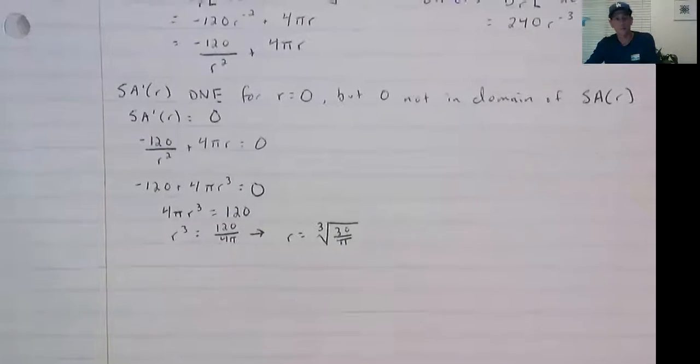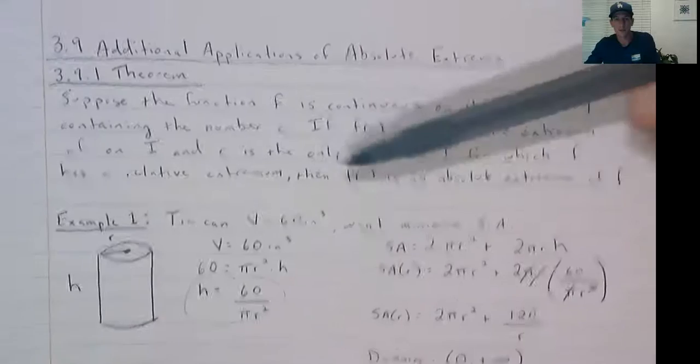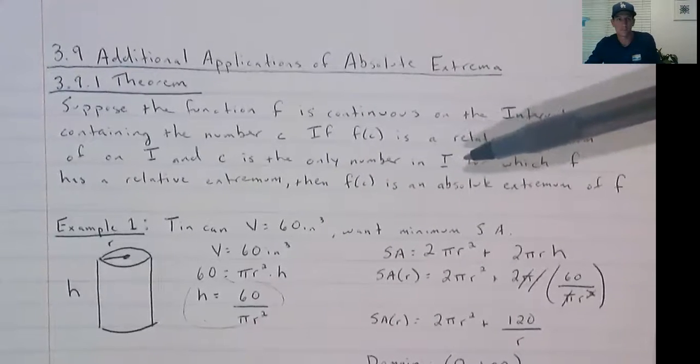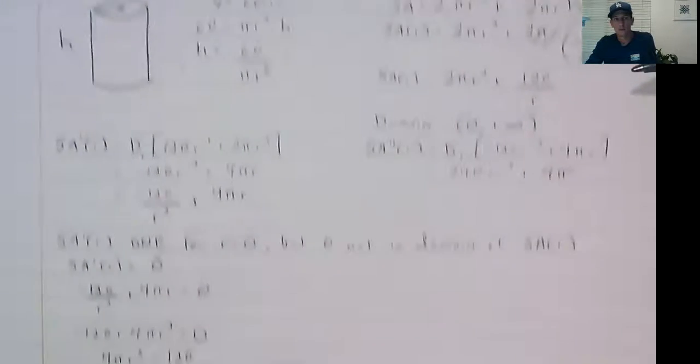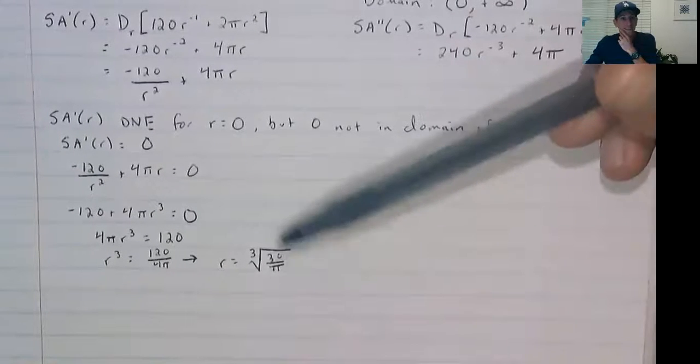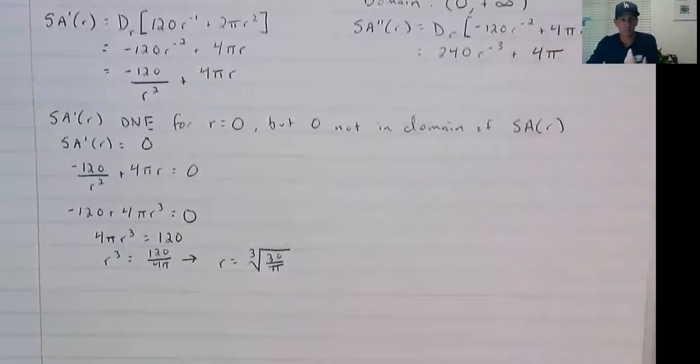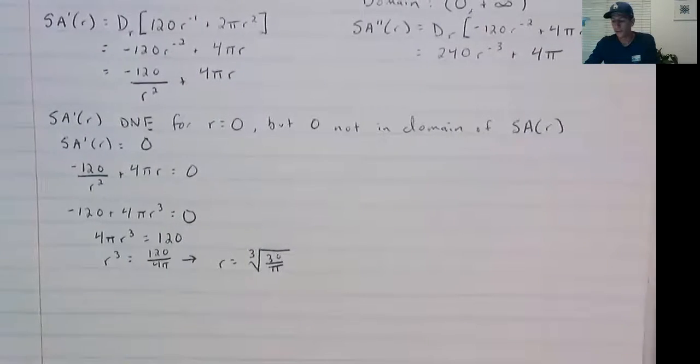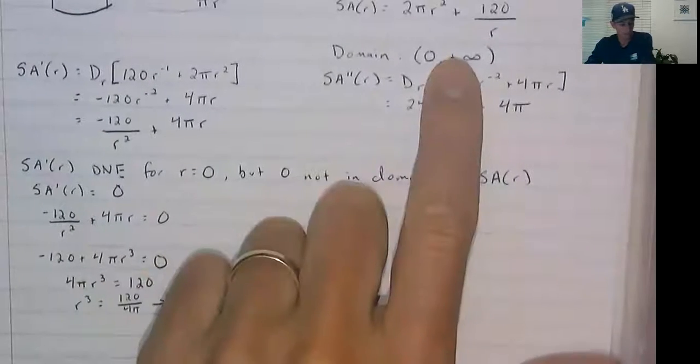We can apply 3.9.1 to say, oh, okay, well, that's a relative extremum. And so now it must be an absolute extremum. And so the question is, what type? Is it a max or a min? And that's where this second derivative comes in.